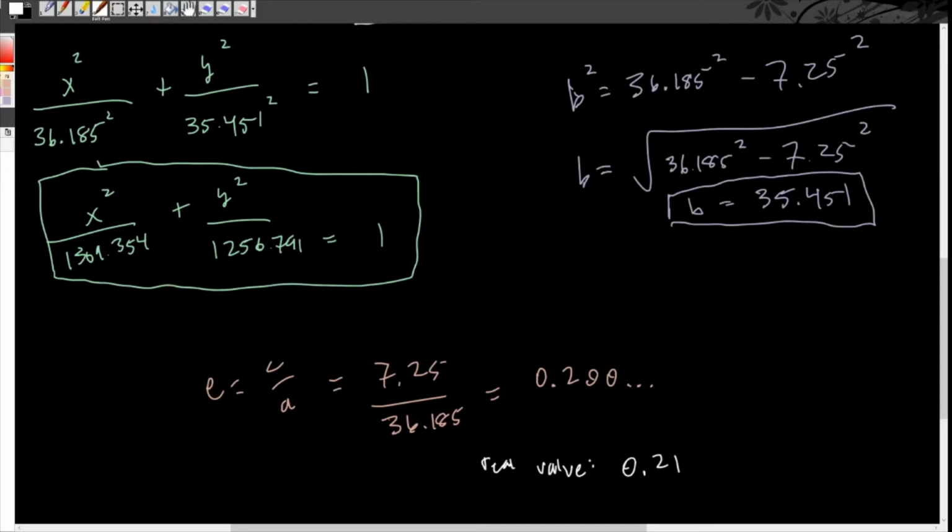Does B say 35.451? Yes. And also not to mention that the sun is orbiting the center of mass of the solar system, which is also weird to think about.